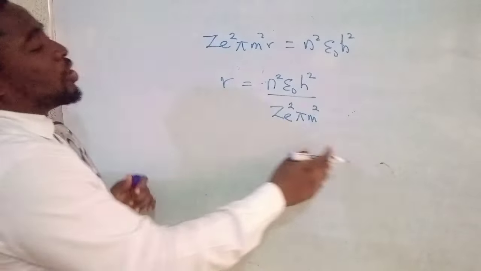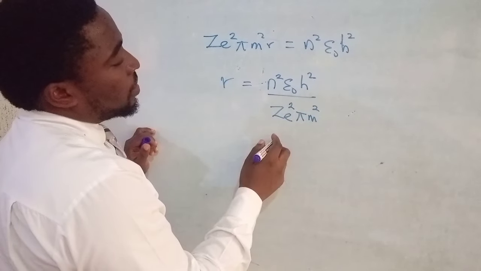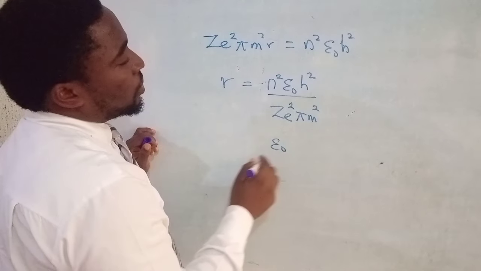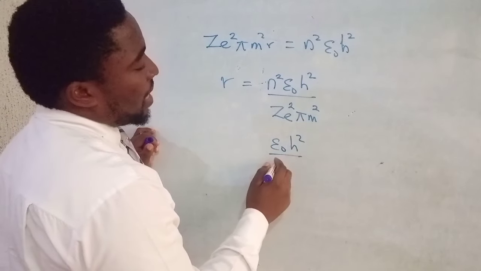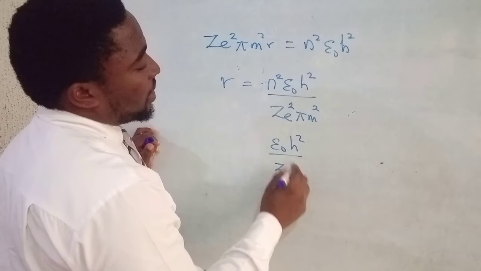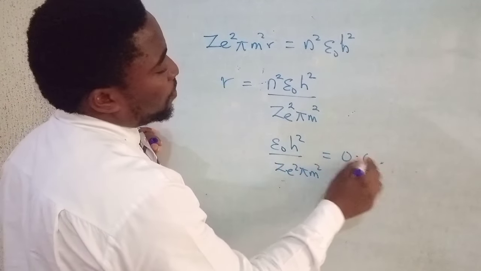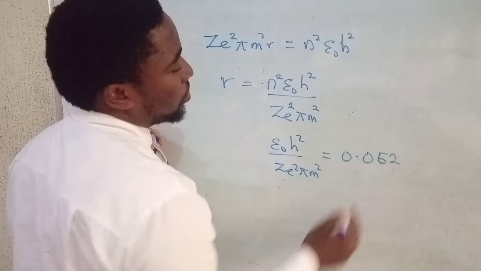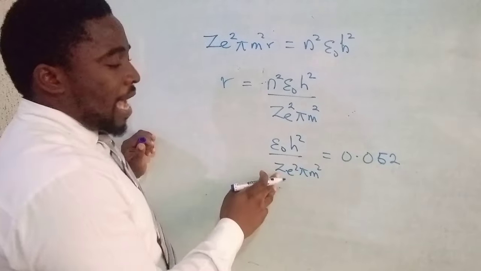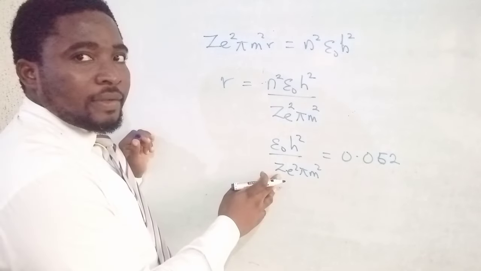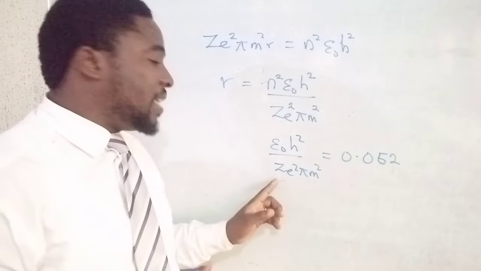So to make the equation shorter, the quantity epsilon naught h squared over Z E squared pi m squared was given as 0.052. So they've already calculated everything, assuming that Z is equal to 1. Assuming that that's for an atom of hydrogen, the value of Z here is equal to 1.